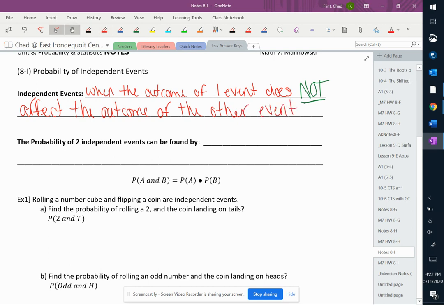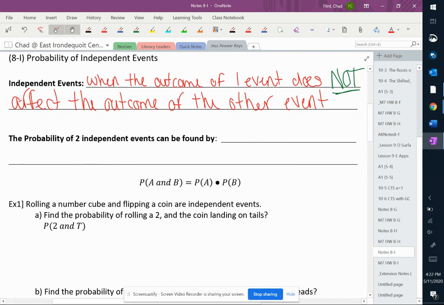Keyword here, does not. So in more words or less, independent events are two events that have no effect on each other.